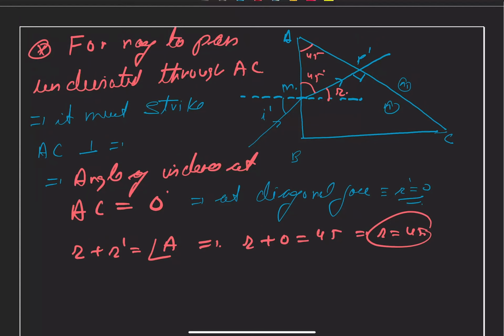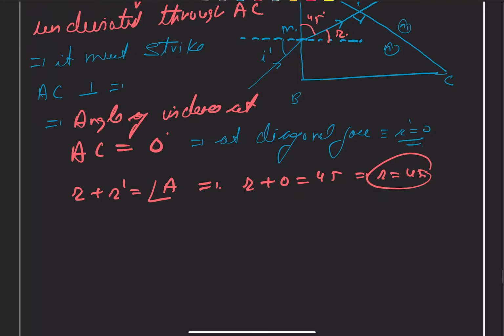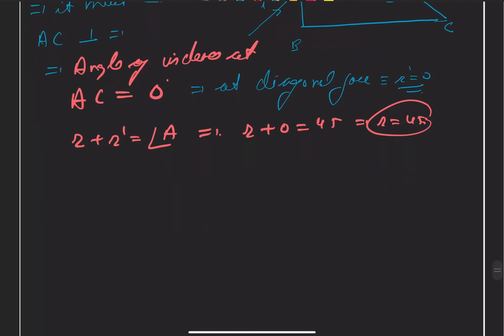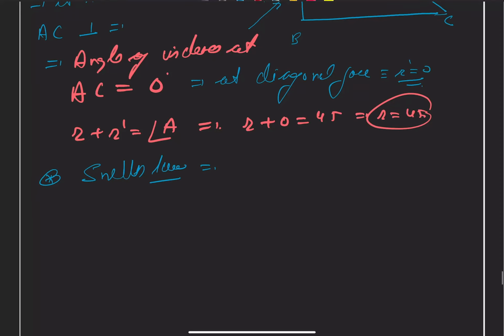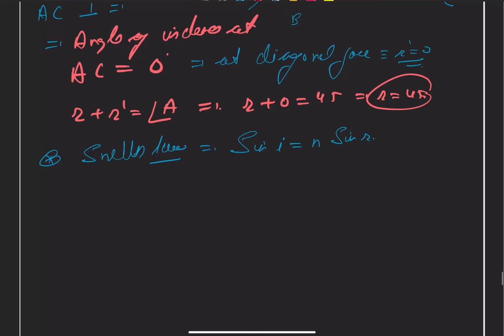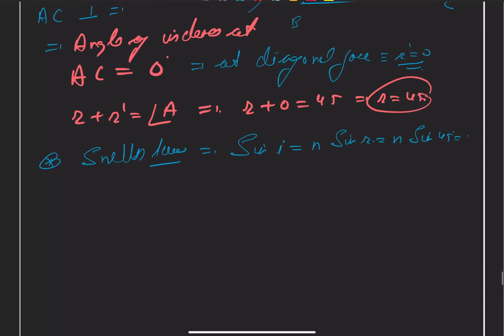Now we can use Snell's law. We get sine of I is equal to N sine of R, which is N sine of 45 degrees, and this gives us N upon square root of 2.